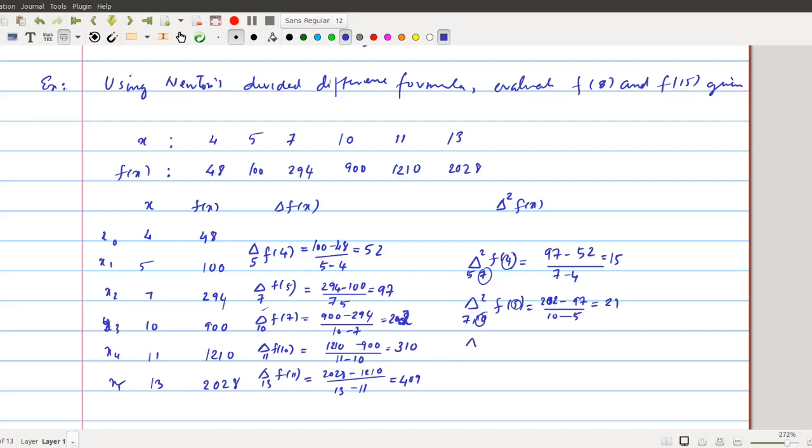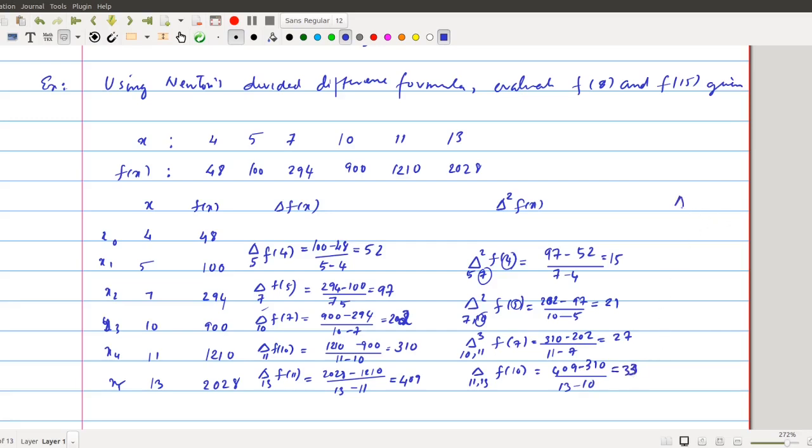Now you evaluate the third case, 10 11 of f of 7, this will be 310 minus 202 divided by 11 minus 7, that is equal to 27. Similarly the final one will be delta square 11 13 of f of 10, that is 409 minus 310 divided by 13 minus 10, which is nothing but 33.